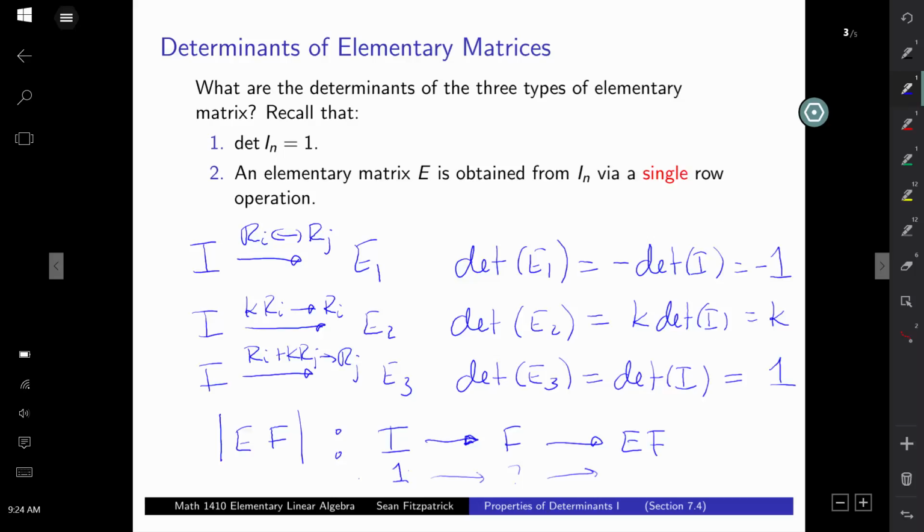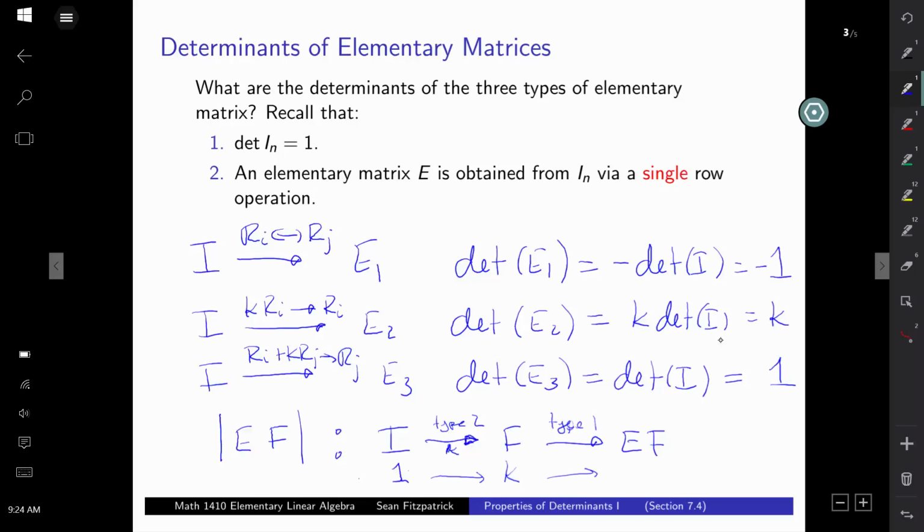And what is the combined effect? Well, the combined effect is, let's say this is type 2 with a K, right? Then this guy here is going to be K, and maybe this one here is a type 1, okay?